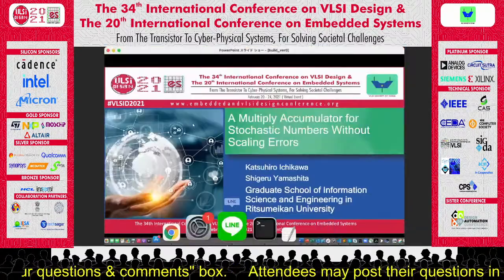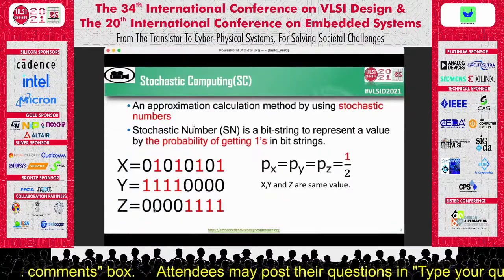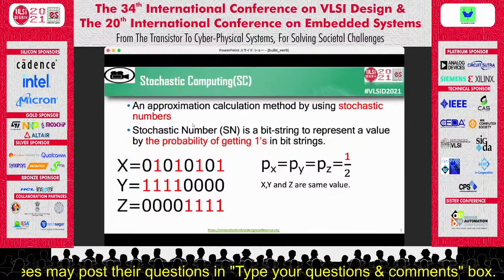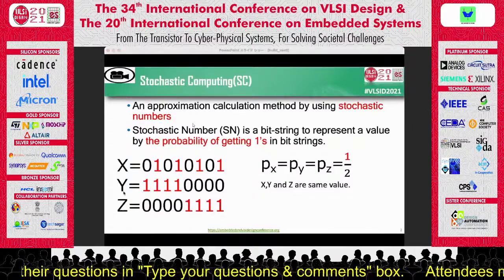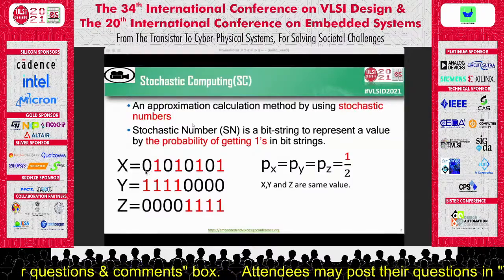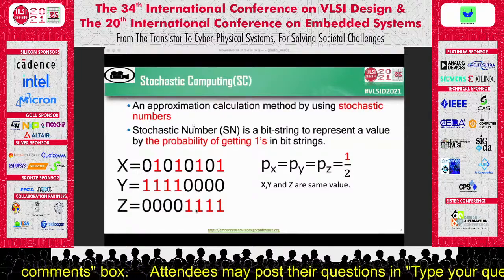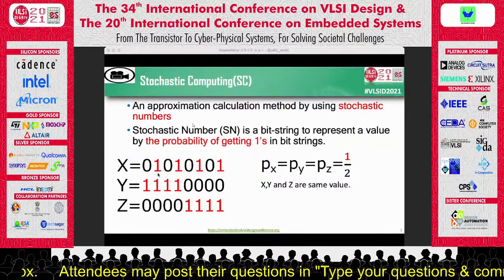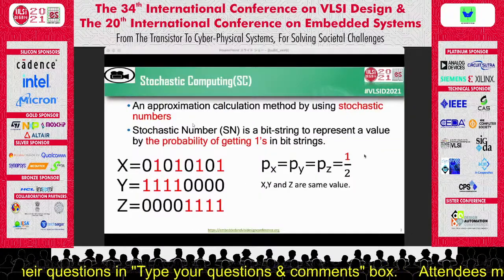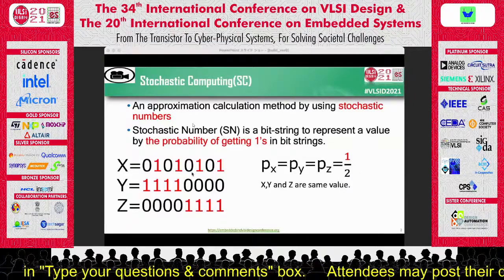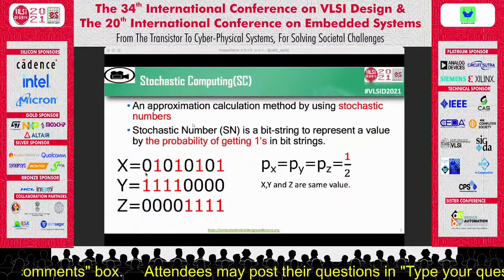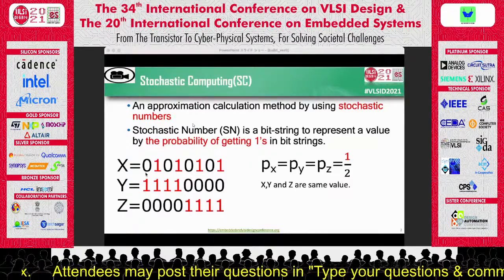In this example, SN X represents one and a half. Yeah, the probability is half. So the probability is half for x, y, and z.